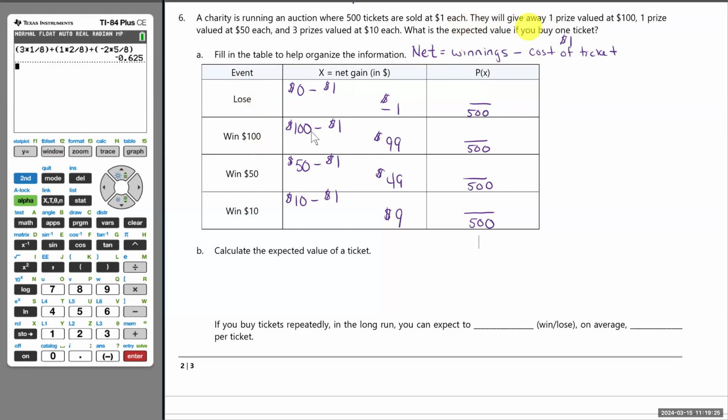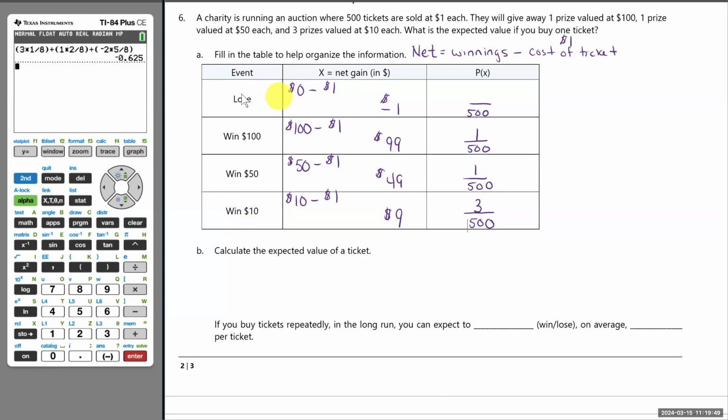So they're going to give one prize at $100. So one out of those 500 tickets will be the $100 winner. They gave away one prize at $50. So one ticket out of 500 will win you $50. And then 3 tickets out of the 500 will win you a $10 gift certificate or prize.